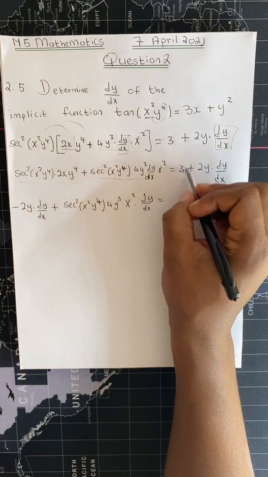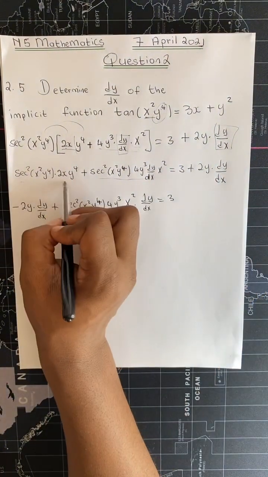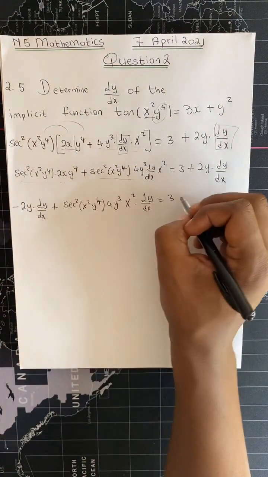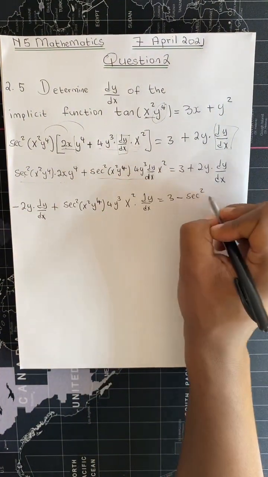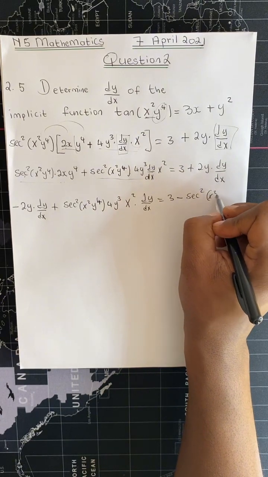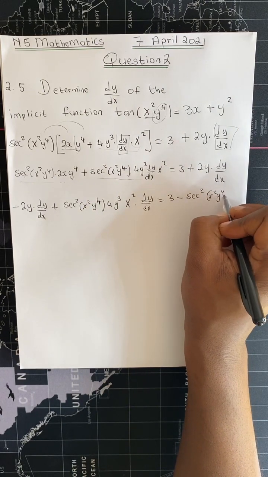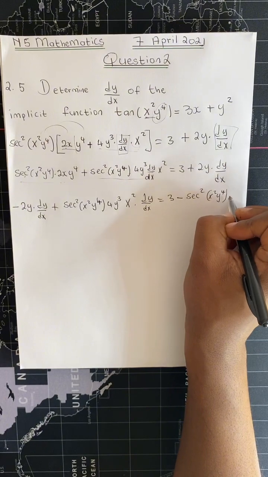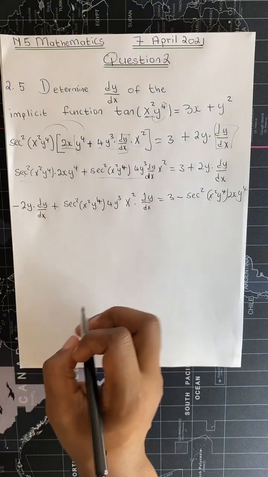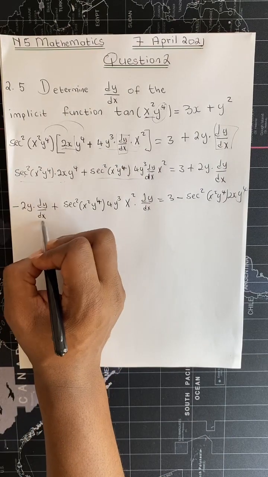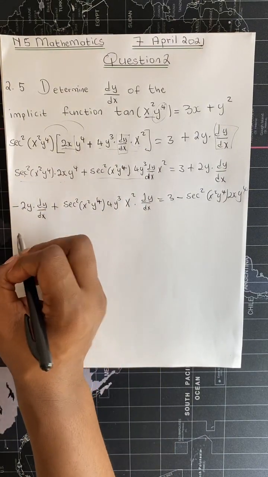So we have the 3. This doesn't have dy over dx, so it's going to go to the right. It's going to change sign from positive to negative. Sec squared x squared y to the power 4 multiplied by 2x y to the power 4. From here we take dy over dx as our common factor.